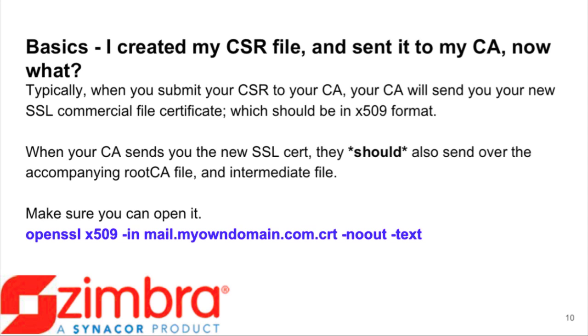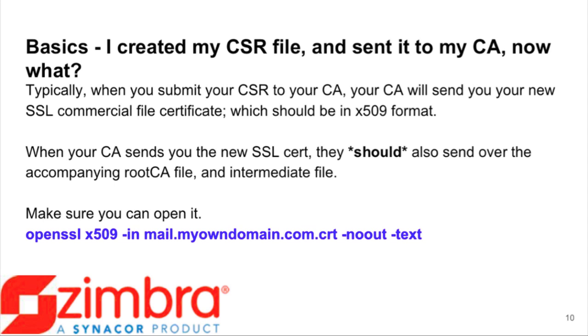So once you've created your CSR and you send it to your CA and you get your certificate back, when your CA, your certificate authority, sends you your new cert, they should also send over the accompanying root CA file and, if needed, intermediate file. Sometimes they don't always do this.